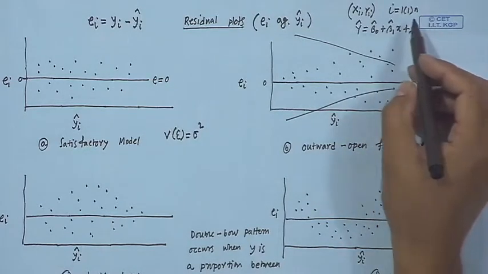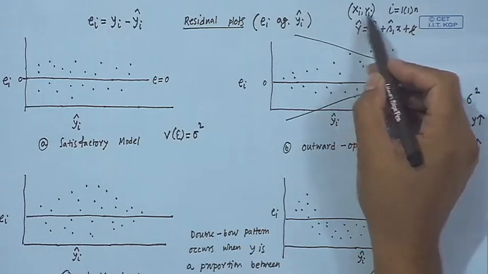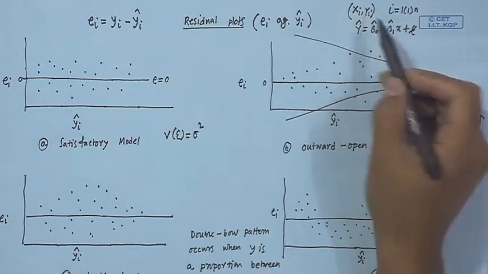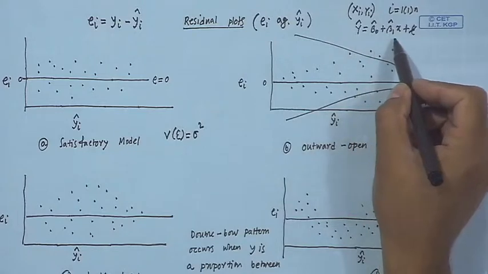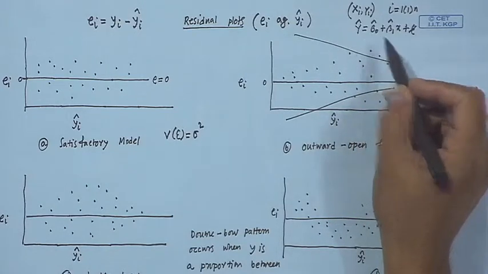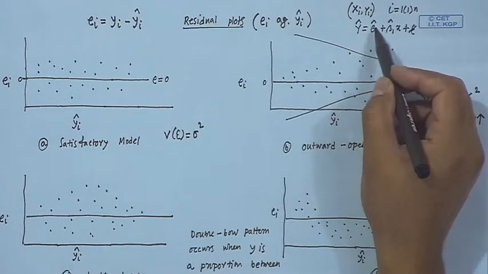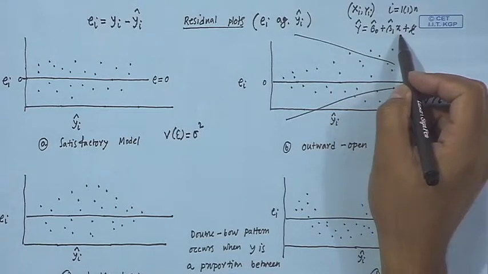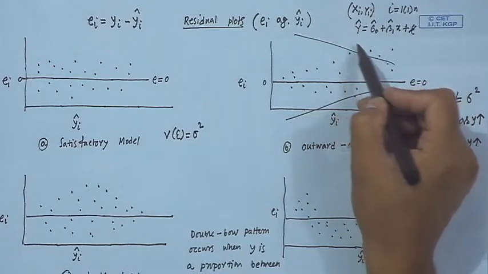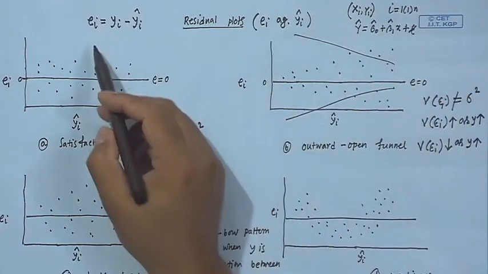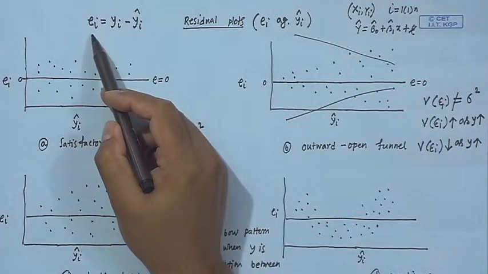So, suppose you are given a set of observations y i, x i. So, y i is the response variable and x i is the regressor variable, and you are given n observations, and then you know how to fit a simple linear regression model like this. So, y hat is equal to beta naught hat plus beta 1 hat into x, and once you have this fitted model, you can find the residual.